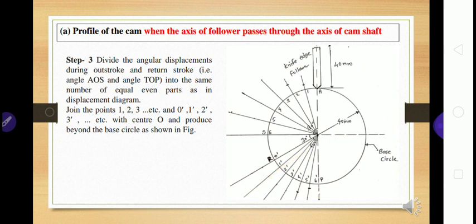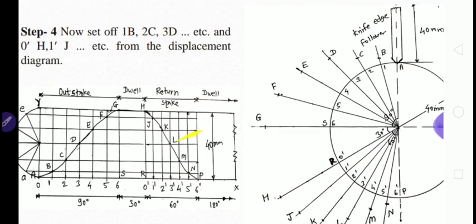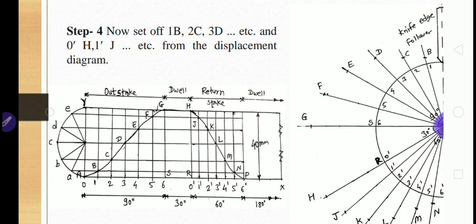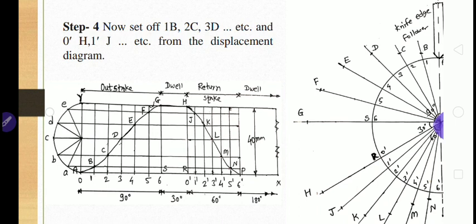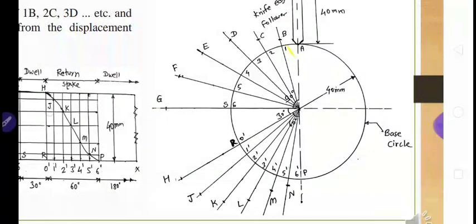This is the third step. In the fourth step we have to mark the displacement from the base circle on these extended lines. These displacements you can take from the displacement diagram. In the displacement diagram, at the first division, take the distance 1 to B into the compass and mark this distance 1 to B here.